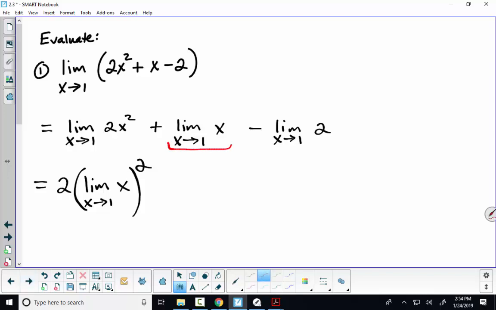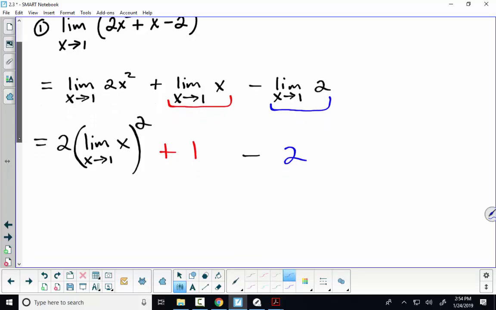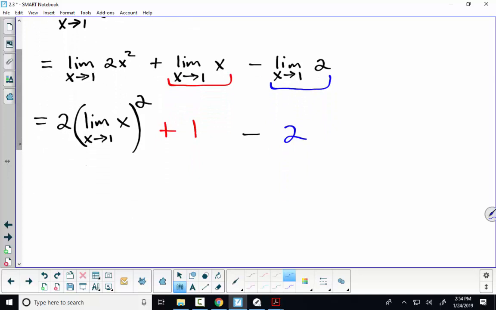What's the limit as x approaches 1 on x? 1. And the limit as x approaches 1 on 2? So we can evaluate those two because they're linear. Once we apply a couple of other rules, this first term is now a limit on a linear function. So what would this limit here evaluate to?